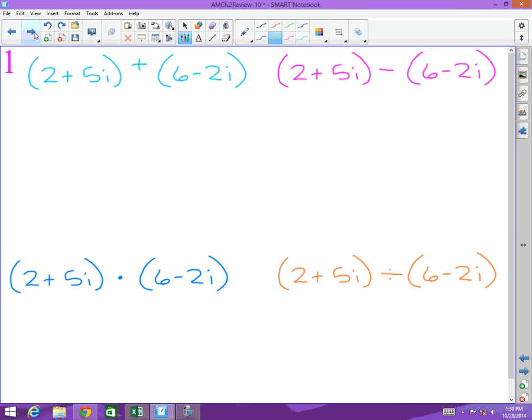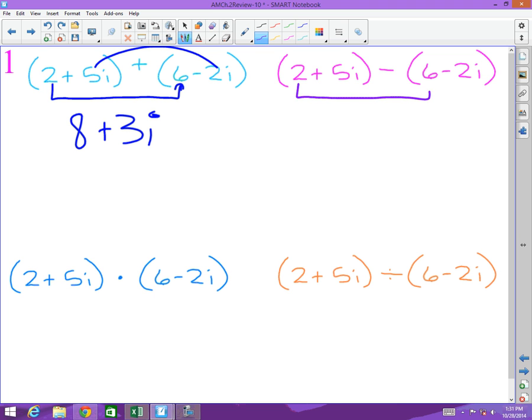All right. Then doing these last problems here, if you're going to add complex numbers, you add the like terms. So that's 8 plus 3i. Subtracting, 2 minus 6 is a negative 4, and 5 minus a negative 2 is plus 7i.